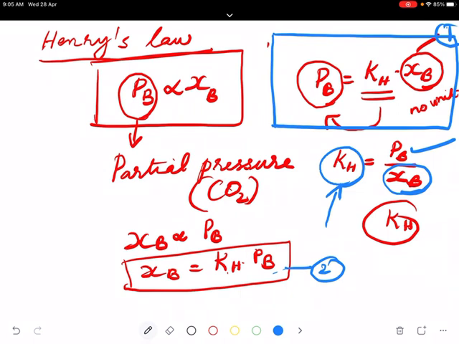Now we are dissolving a gas into a solvent to make a solution. Gas means pressure. Pressure has an important role in the solubility of a gas, and that relation is expressed in the form of Henry's law. What is Henry's law?